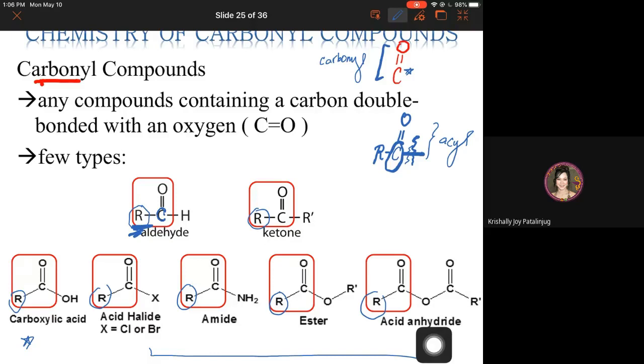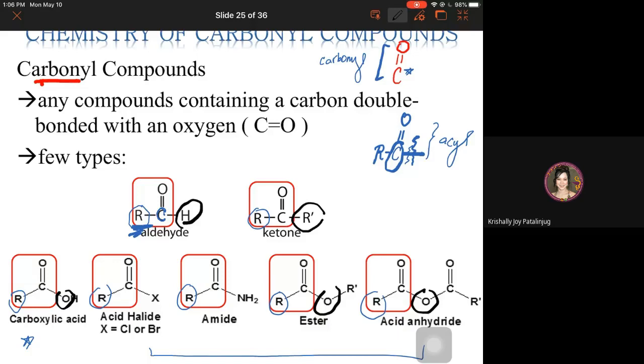Now, the other substituent kung saan sila nagkakaiba, yung other substituent kung saan yung acyl group is directly bonded, could be a hydrogen. Sulat ko ha. It could be a hydrogen. Pwede din carbon. Pwede din oxygen.